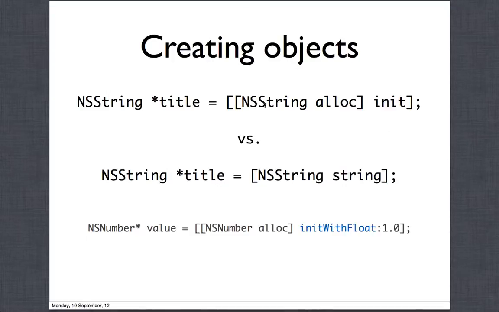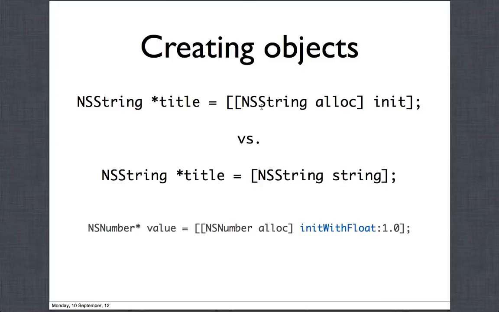The first way I showed you before: calling an allocation routine on the class, which will allocate space in memory and put the actual instance in there, and then calling the init method on the object, which will make the object usable.